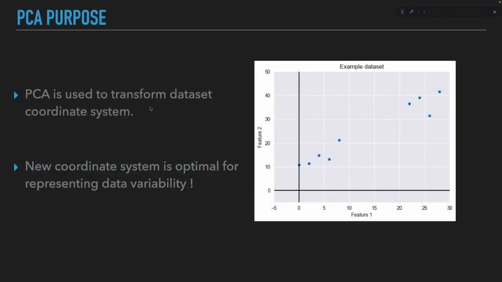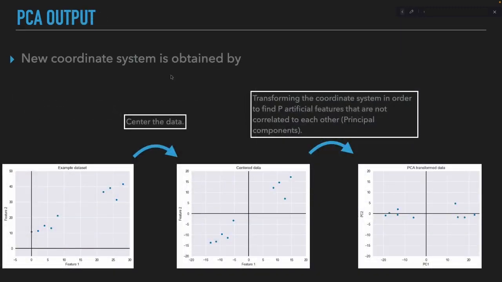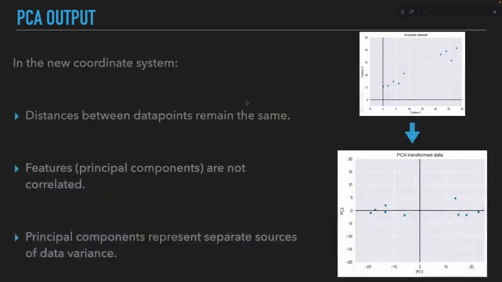And what PCA will do is transform the dataset coordinate system in a way that this new coordinate system is optimal for representing data variability. So let's again take an example of this dataset. What PCA will do is first center the data and then transform this centered data in order to find these p artificial features that are not correlated to each other. And these uncorrelated artificial features are actually called principal components.